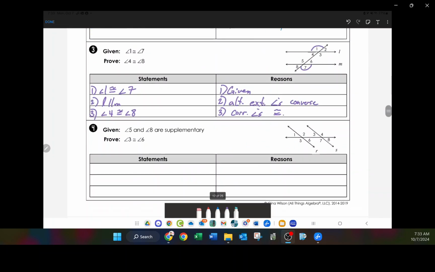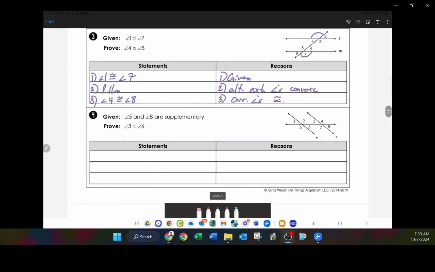All right, try number 4. So far, some nice simple ones, just a couple steps.